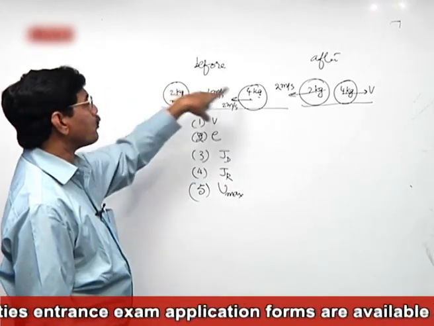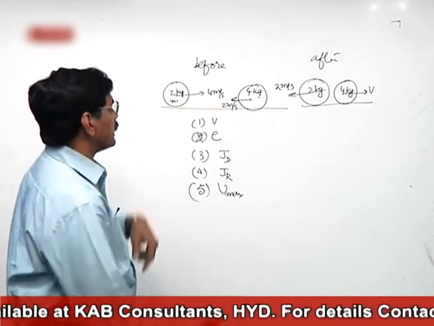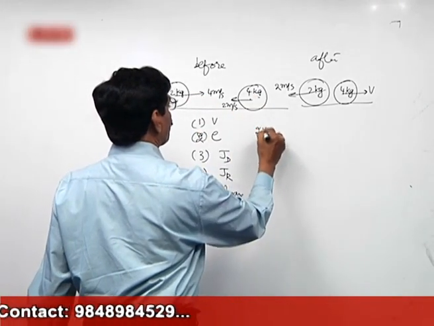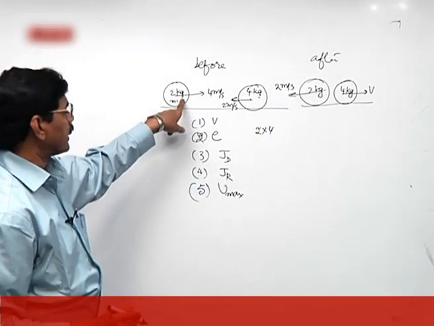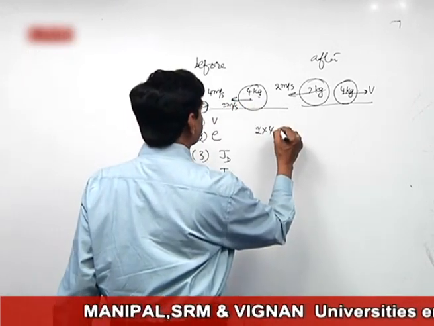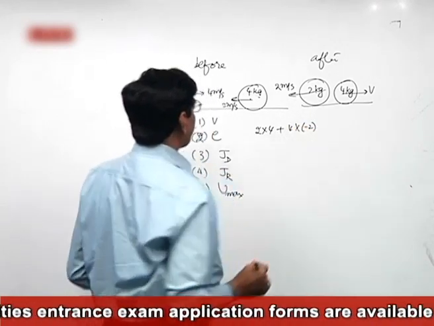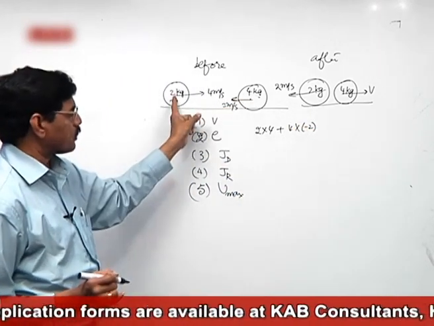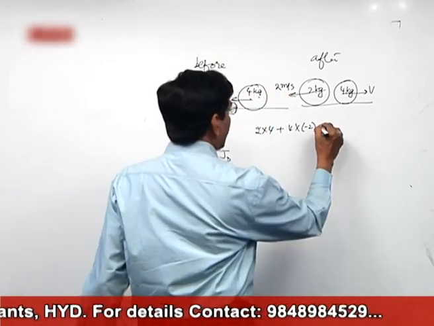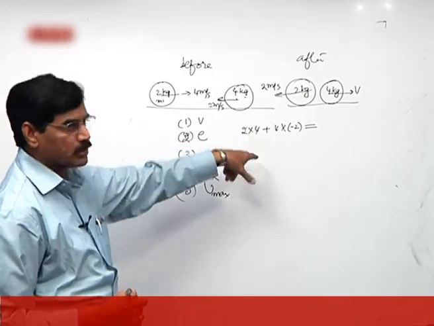First thing is momentum conservation, which is valid even in the case of inelastic collision. Therefore, we can write 2 into 4 as the initial momentum of the first ball. The second ball's initial momentum is plus 4 into minus 2. Why are we writing minus 2? Because its velocity is opposite to the first. This is the total linear momentum before collision, and the final linear momentum after collision should be equal to this.